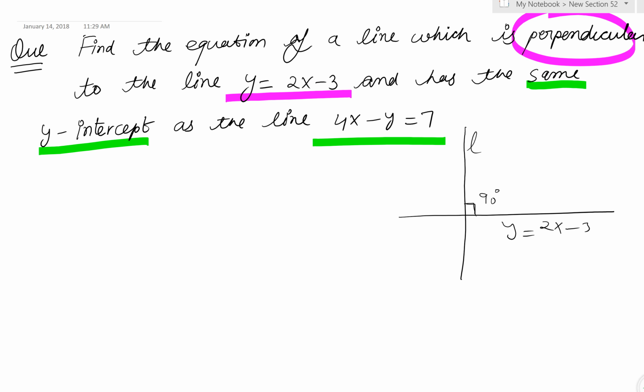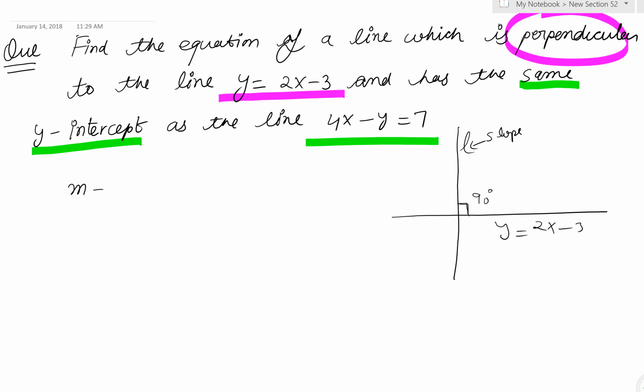In order to find the equation, we have to find the slope of this line. So we have to find m. The slope of your line is going to be the negative reciprocal of their slope, right? So the slope of the given line is right here.